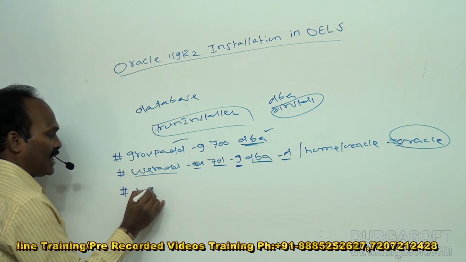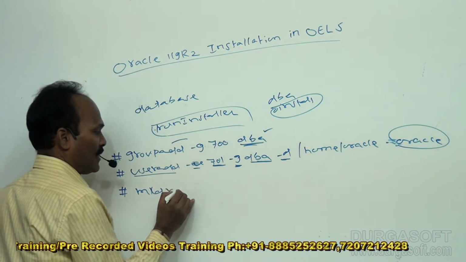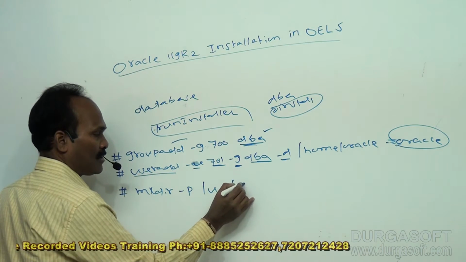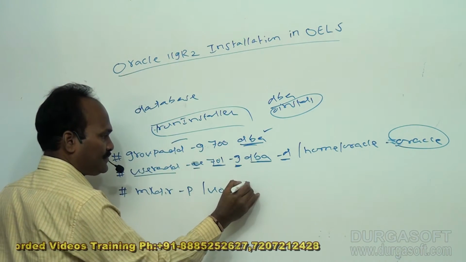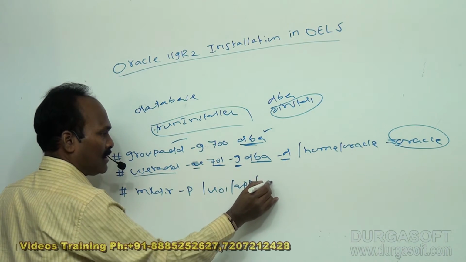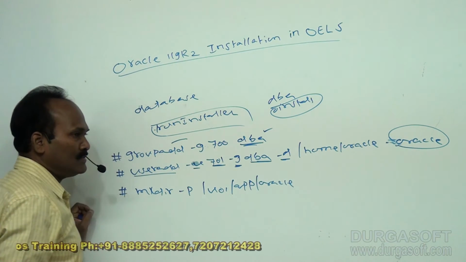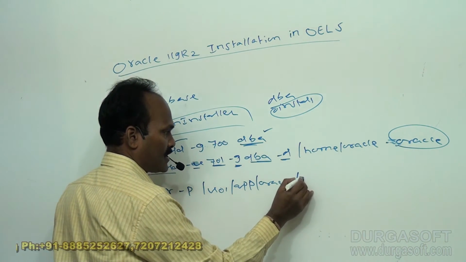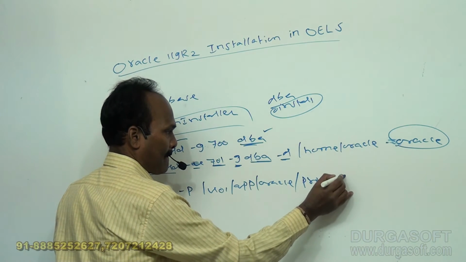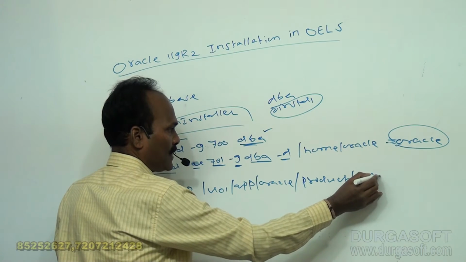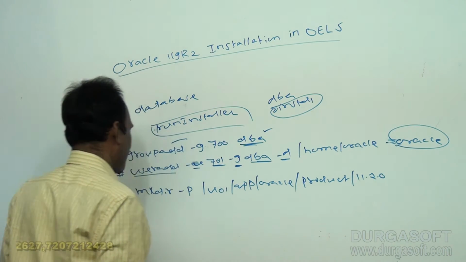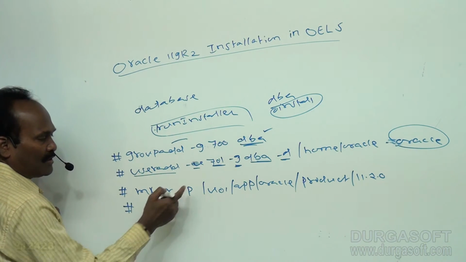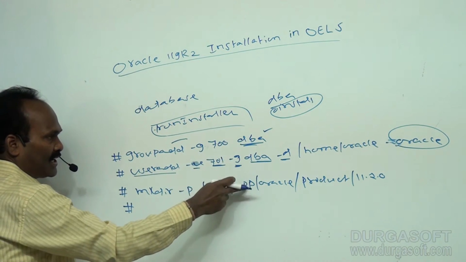Like mkdir -p /u01/app/oracle/product/11.2.0, and after creation of this directory, next you have to change ownership on this directory to the Oracle user.